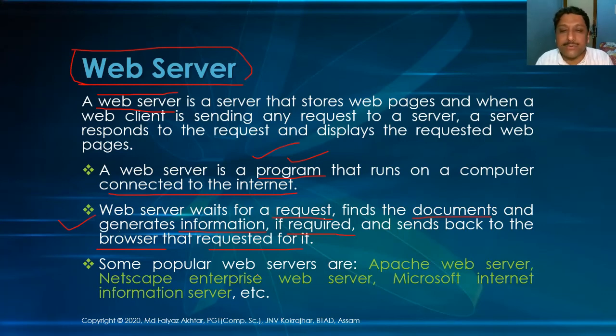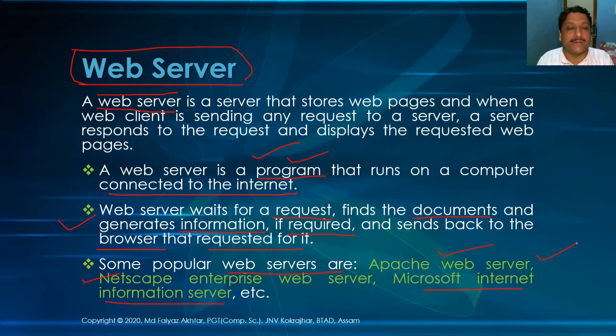Now, some popular web servers are, if we want to make our computer a server, then we have to install this type of server software. Those server softwares are Apache Web Server, Netscape Enterprise Web Server, and Microsoft Internet Information Server.